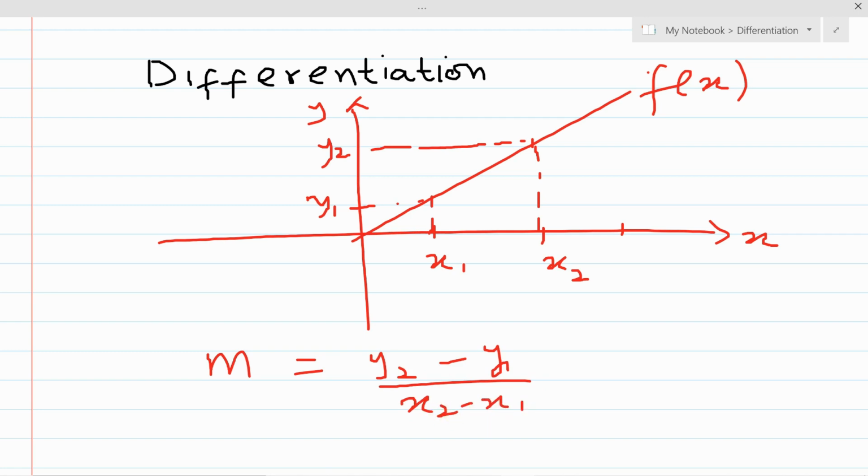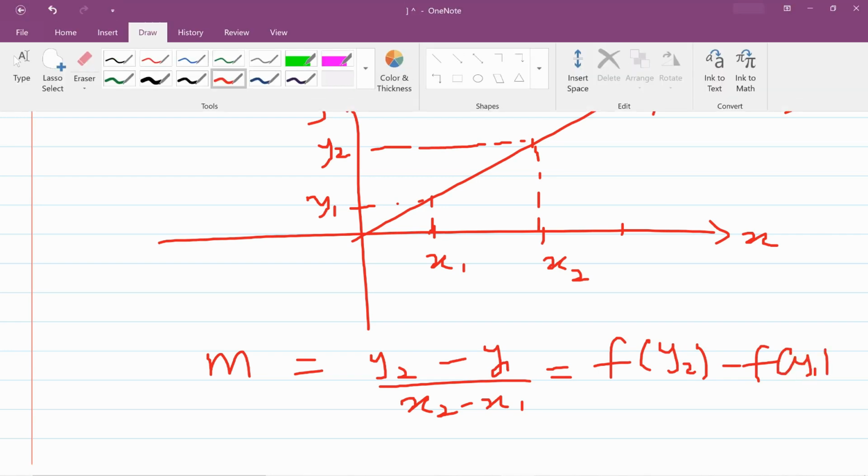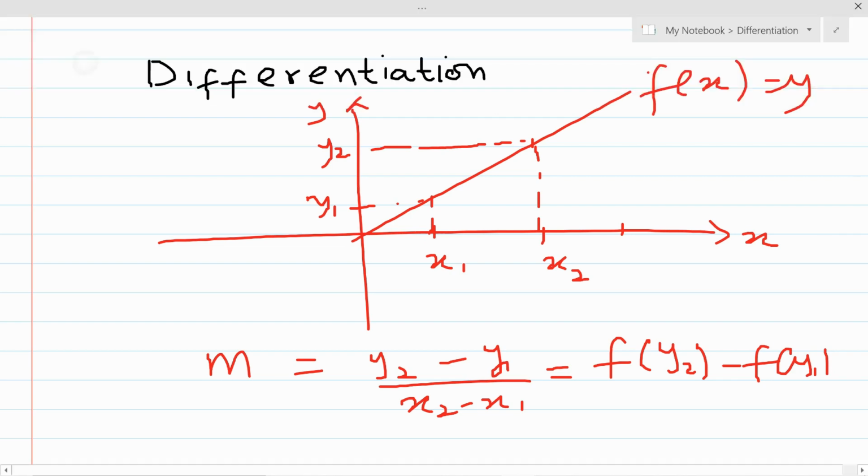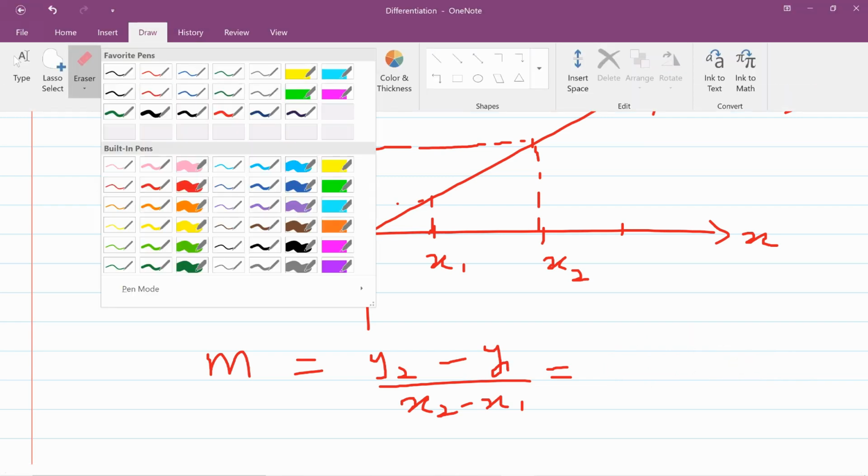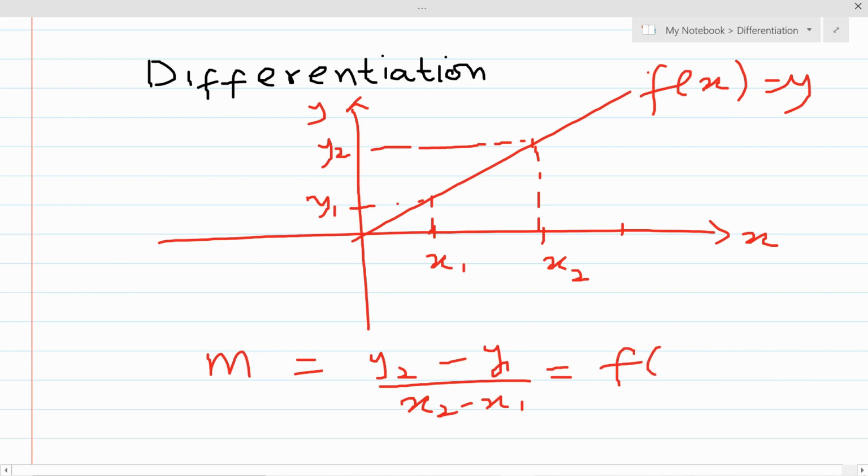But you could see that y is the same as f of x, so it's like f of x2 minus f of x1, all over x2 minus x1.